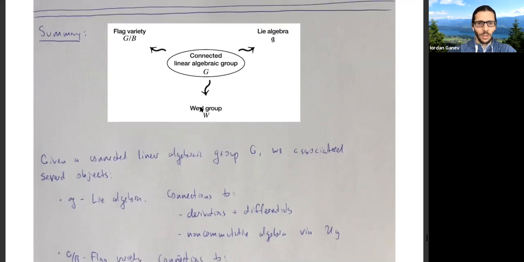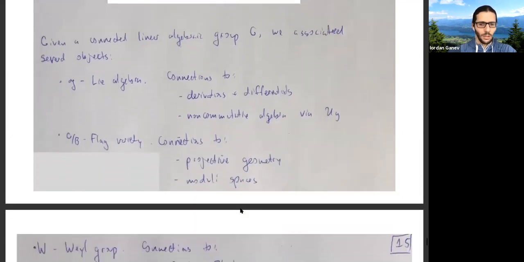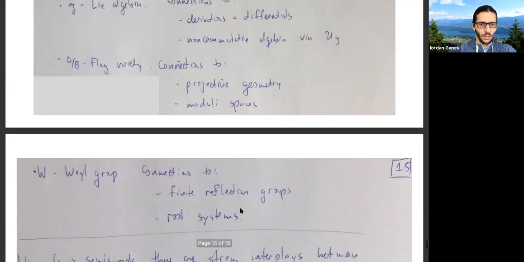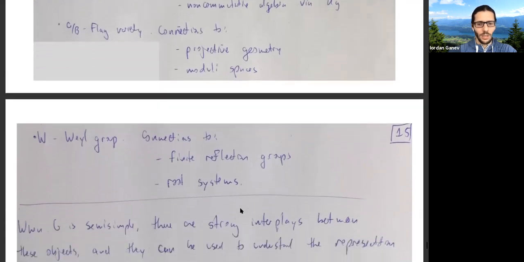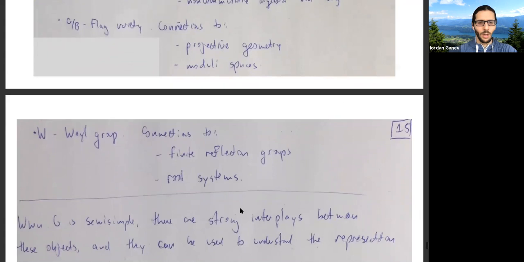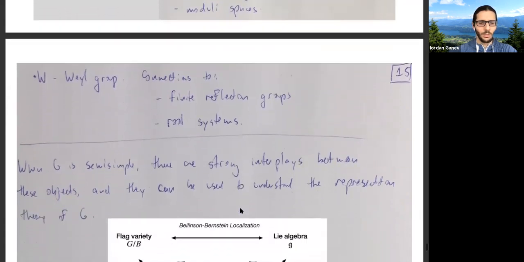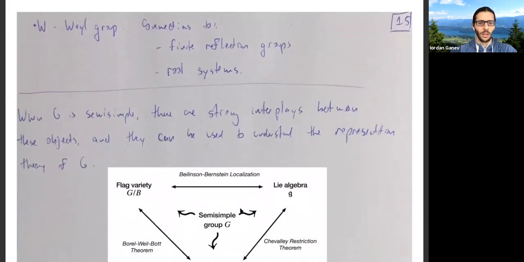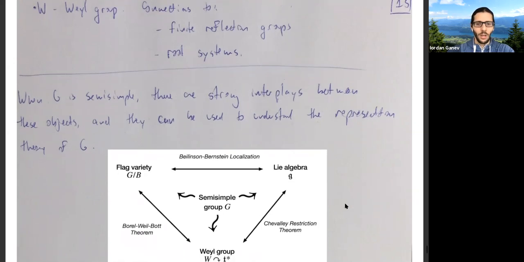Those are connections to various different topics in mathematics. And when G is semisimple, there are strong interactions between these objects. These interactions are reflected in connections between the representation theory, and they give us a better way to understand the representation theory of G.